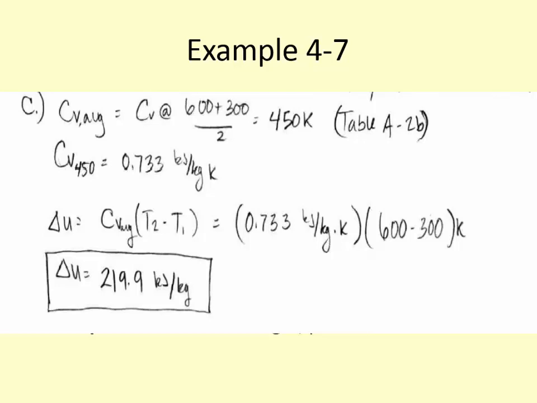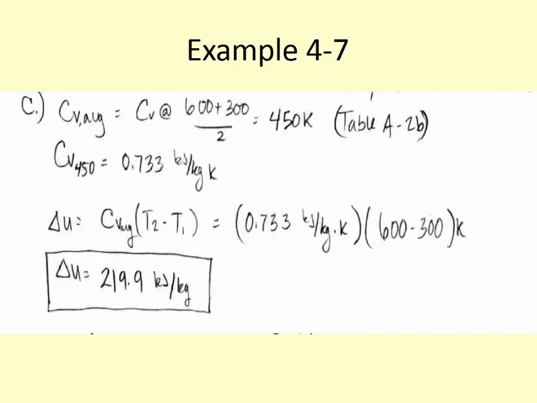So our delta U is just equal to C sub V average multiplied by T2 minus T1. Okay, so instead of going through the integration process, we're saying, okay, I know my C sub V varies with temperature, but I'm just going to assume that there's some average value, and because it's fairly linear, that's going to be accurate enough.